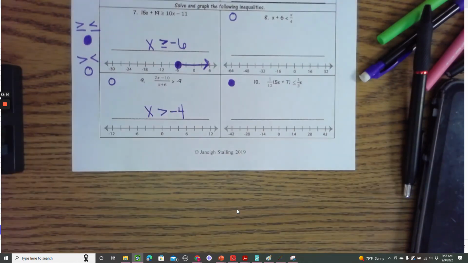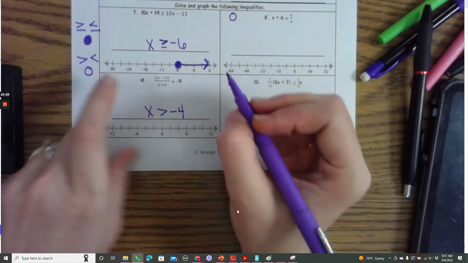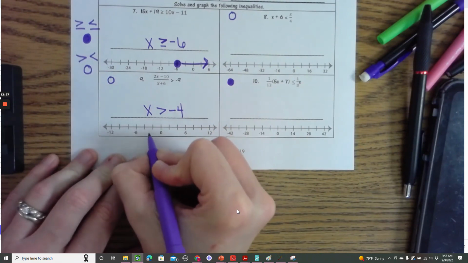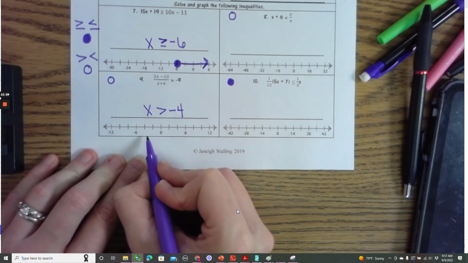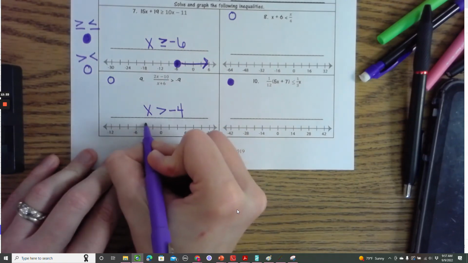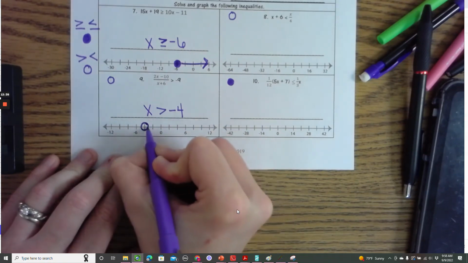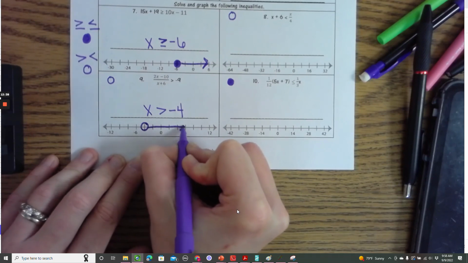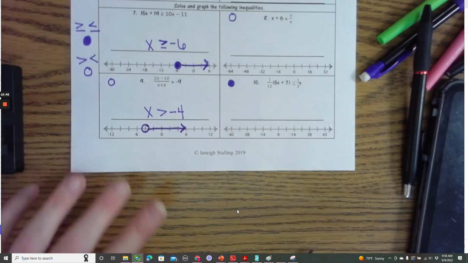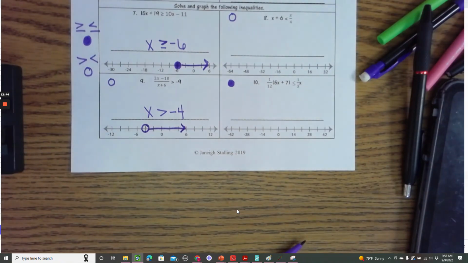All right, froze. So we already set an open circle. Where would negative 4 be? This one right here? Yeah. So open circle, and these are all the numbers greater than negative 4. Again, inequality sign and the arrow are the same direction.